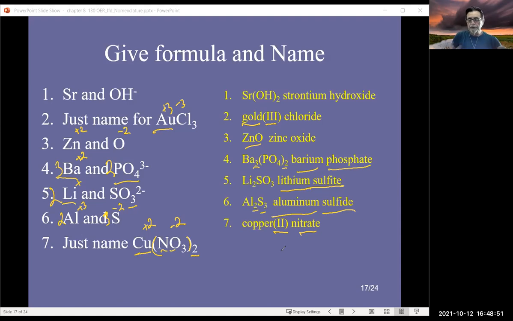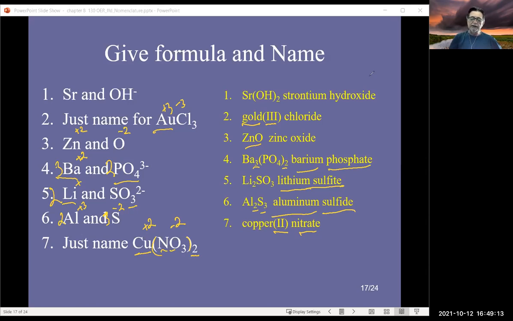So whenever you're either using the name or given the ions to write the formula, or you got the formula and go back to write its name, put everything into ionic form. So you know how much of each we need for them to come together properly.